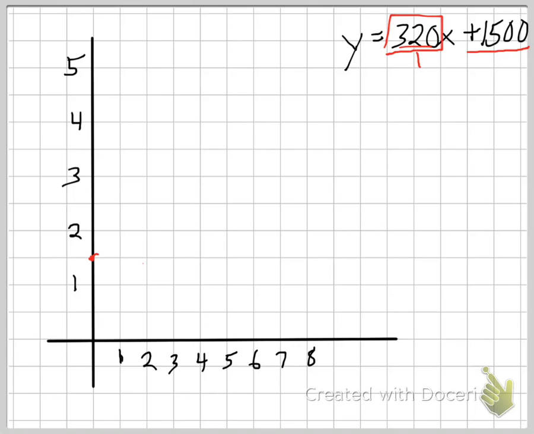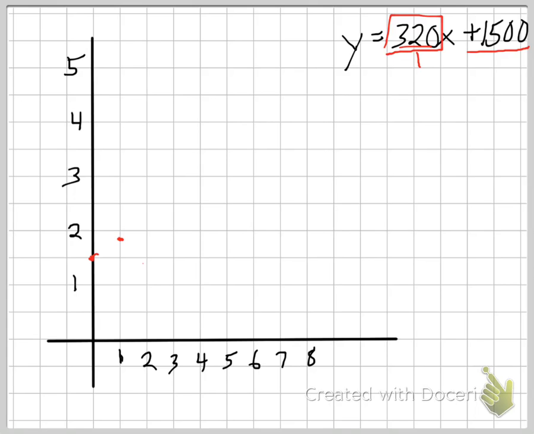So if I'm rising from here 320, I'm going to go a little over halfway. 250 would be exactly in the middle, so 320 is somewhere around here. And then run 1. So that puts our next point somewhere around there. Again, this is approximate. It's not going to be exact because you can't be exact on a graph that counts up by 320s and you're numbering every 500.